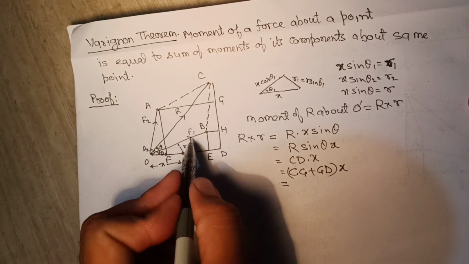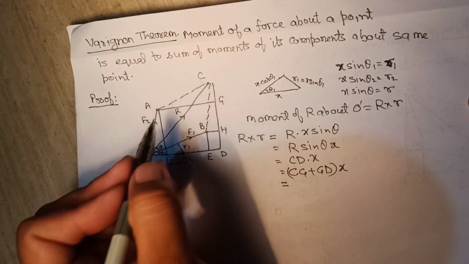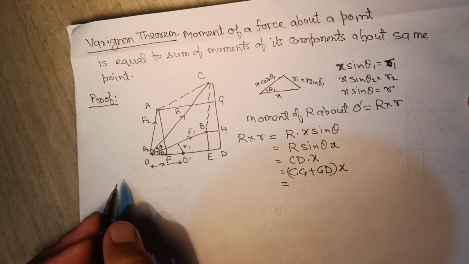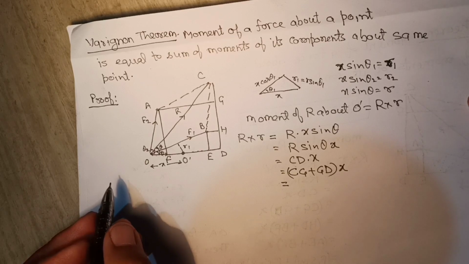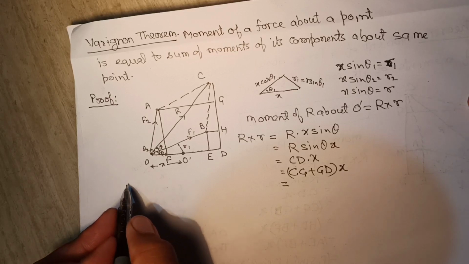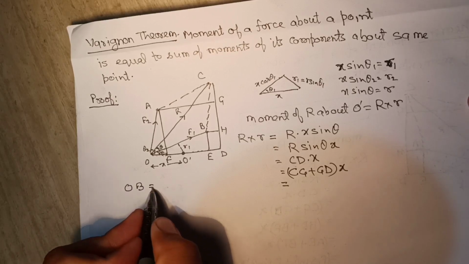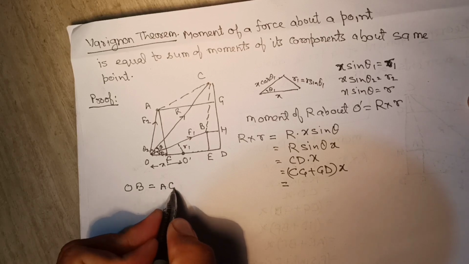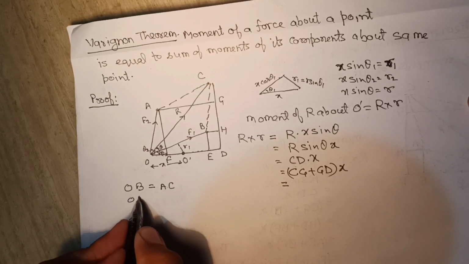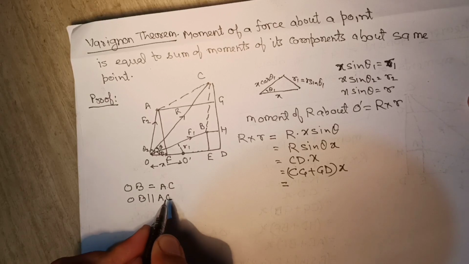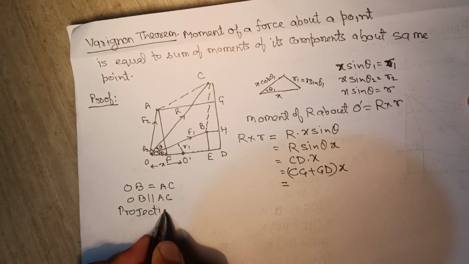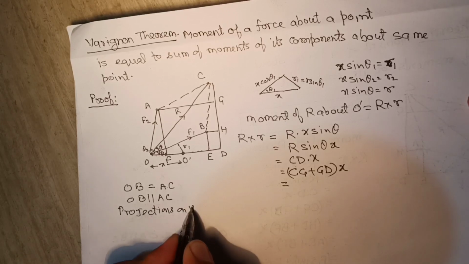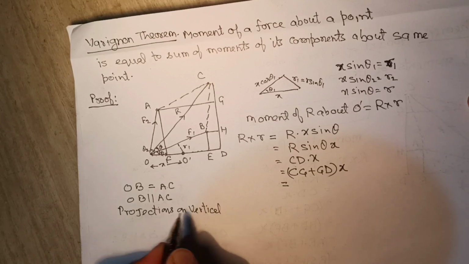Now from here we'll say OB equal to AC and OB parallel to AC. Hence their projections on vertical plane will be equal. Now the projection of OB will be HD. Suppose CD is the vertical plane and you are observing OB, so B point will lie on H and O point will lie on D. So the projection of OB is HD.